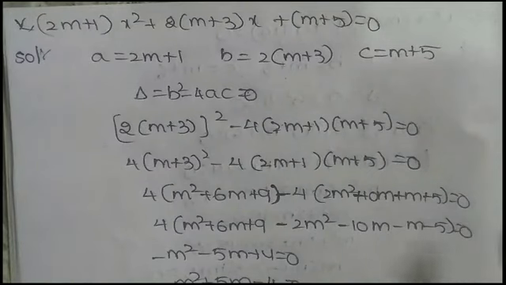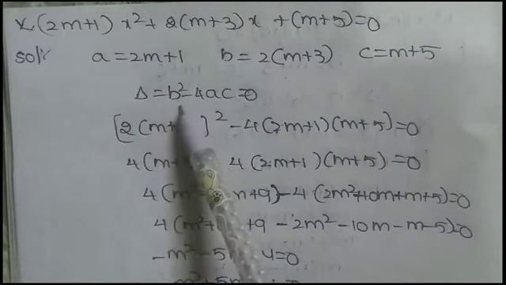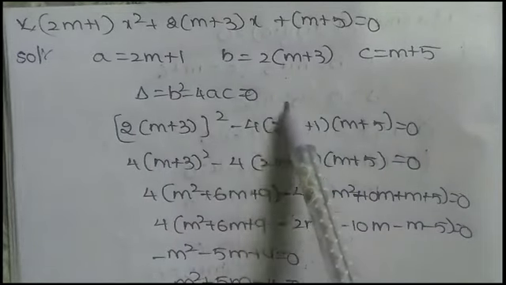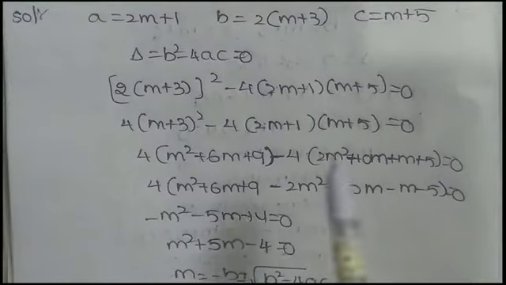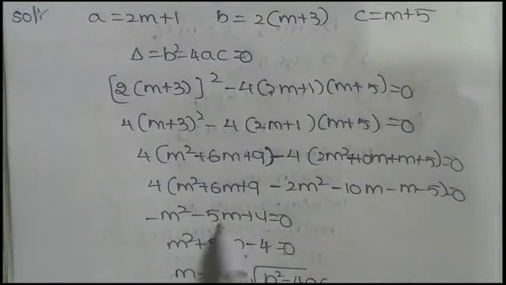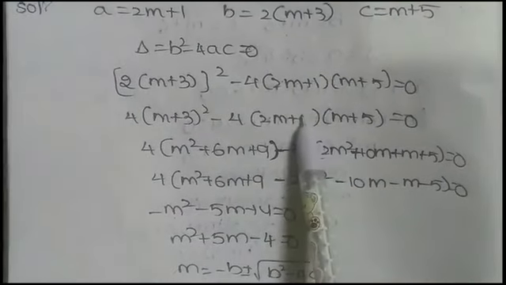Here the fifth problem. Here also we have a, b, c values. They given they have equal roots, that is b square minus 4ac equal to 0, and we have to substitute them. But here we cannot split it into 5m. We cannot split because 4m square. So we cannot split it into minus 4m square.